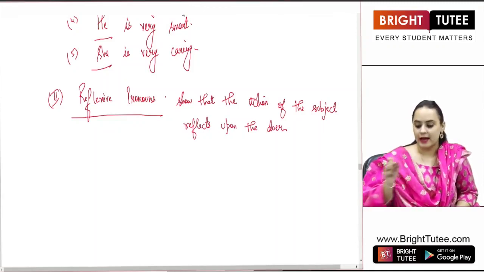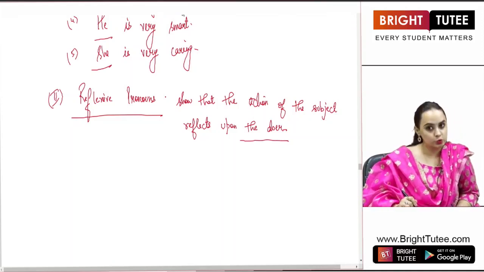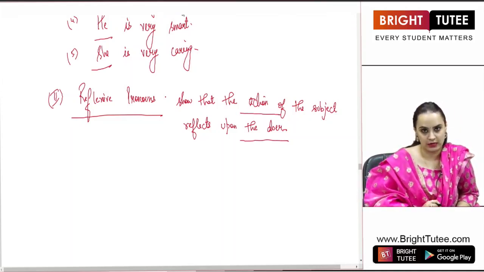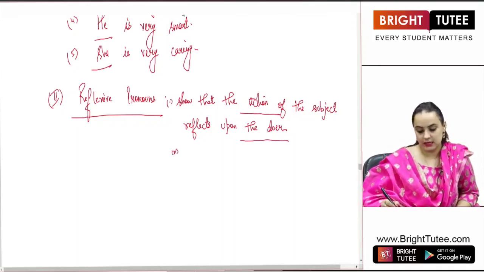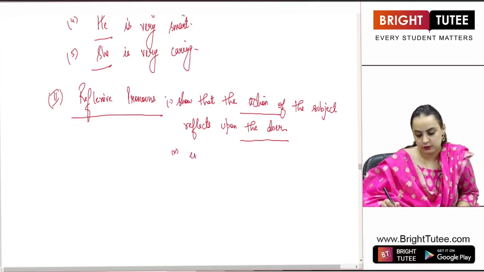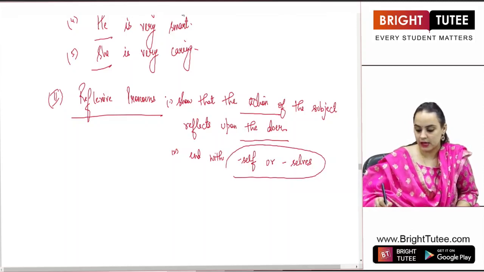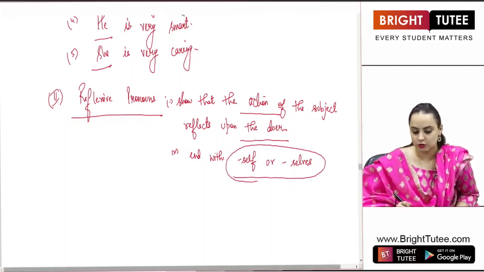So whatever action the doer is doing, its action is going to reflect upon it. This is the first thing. The second thing, reflexive pronouns will always end with self or selves.